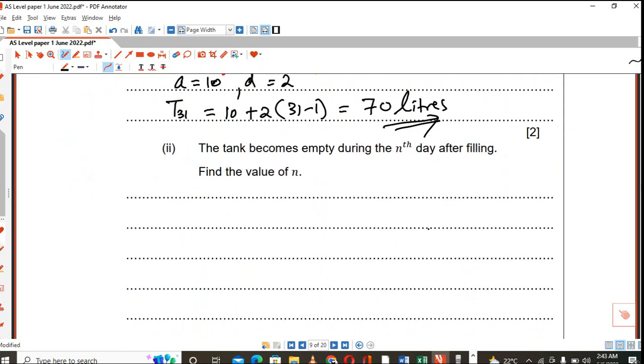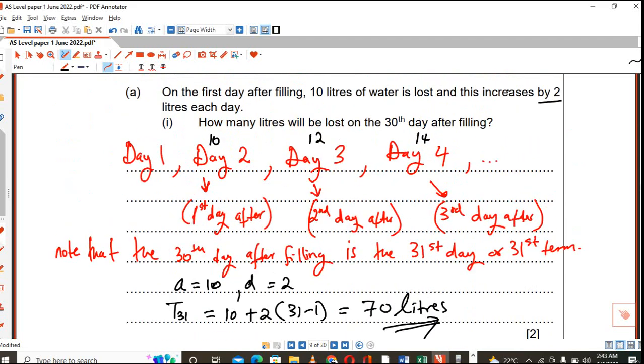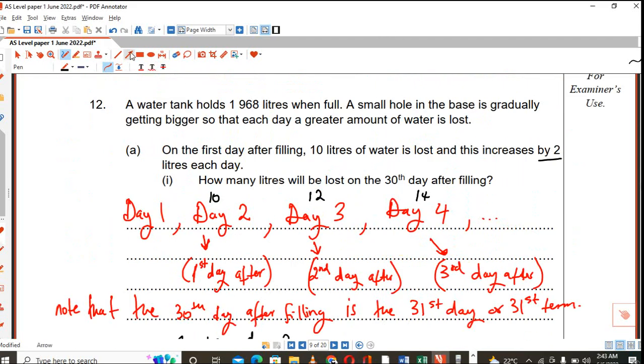Part 2 says the tank becomes empty during the nth day after filling. So when the tank is full, we know that here we are doing the sum when it's full. All right, S sub n is 1,968.